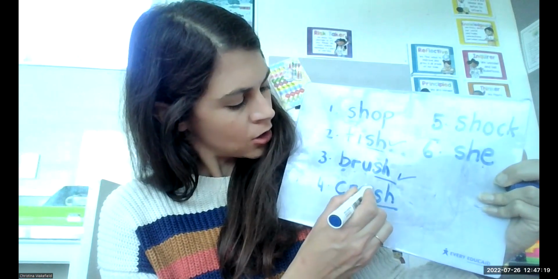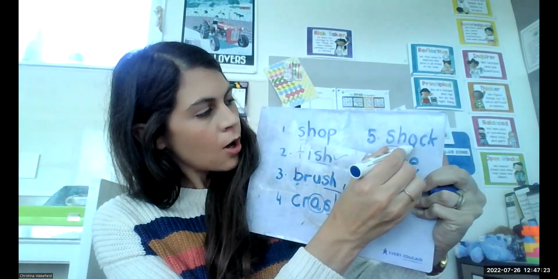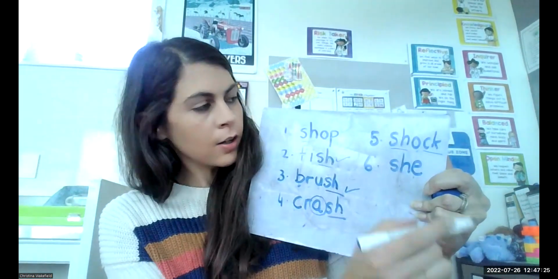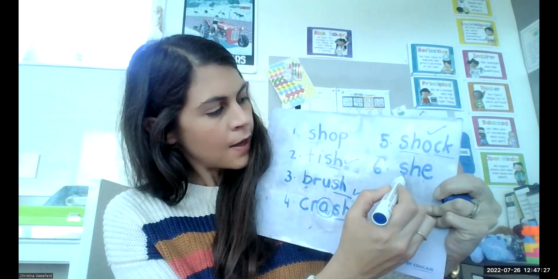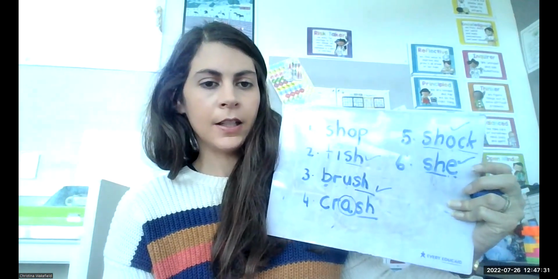Crash. And do you have the right vowel sound? Shock. Short o. And then sh. E. She. Awesome. And you can always go back and correct it if you made a mistake.